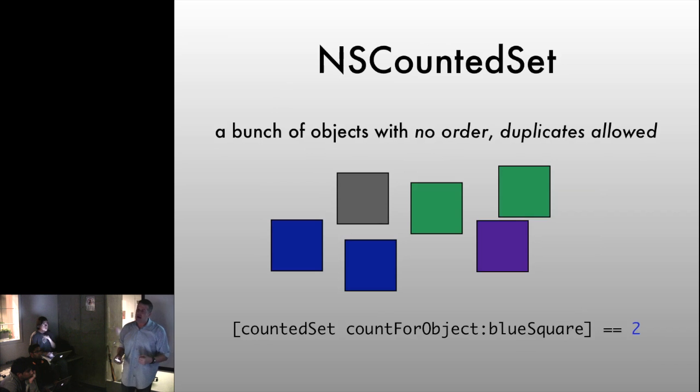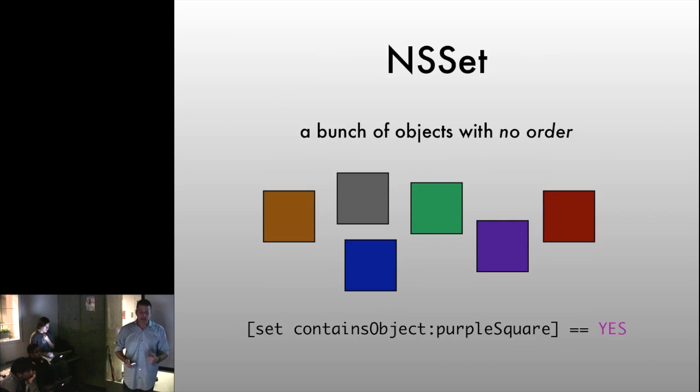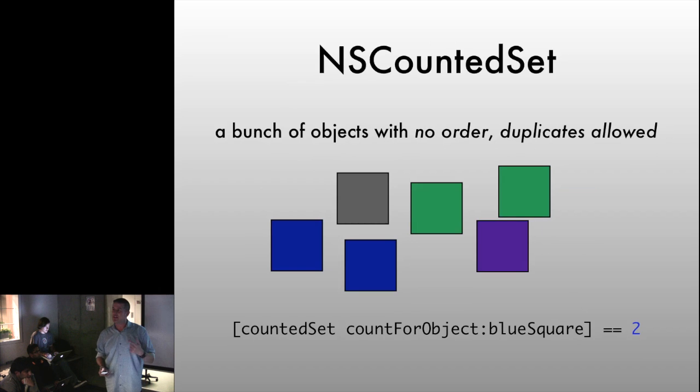NSCountedSet is just like a set, except it allows duplicates. With NSSet, if you add a duplicate object, it's ignored. NSCountedSet allows you to add duplicate objects, and what's handy about this is that you can add a whole bunch of objects that you may be using, and you'll see later on the importance of it, and be able to find out exactly how many of those objects are within the set.